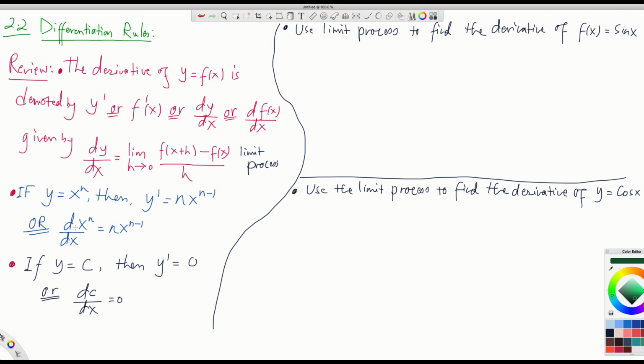Or you can write d of x to the n over dx, exactly the same thing with different notation, equals n x to the n minus 1.